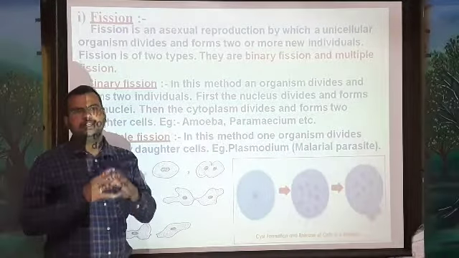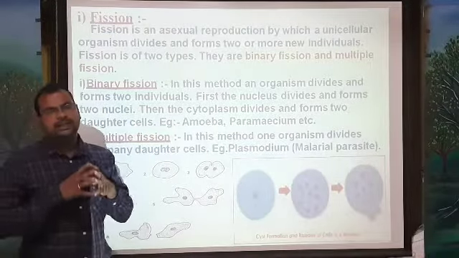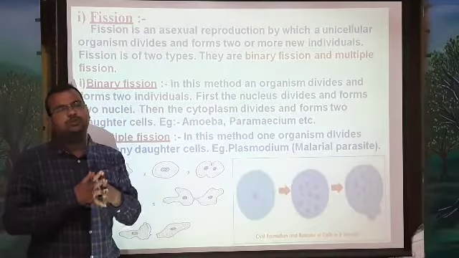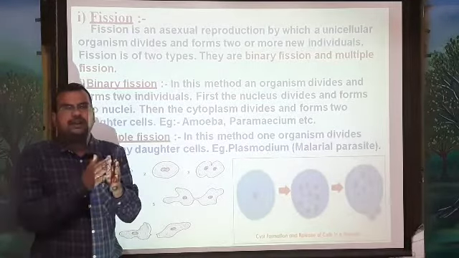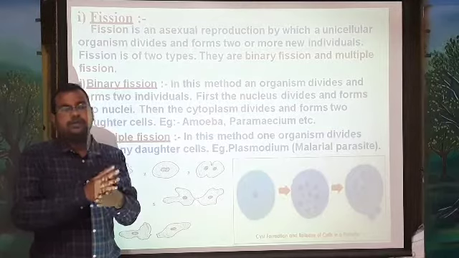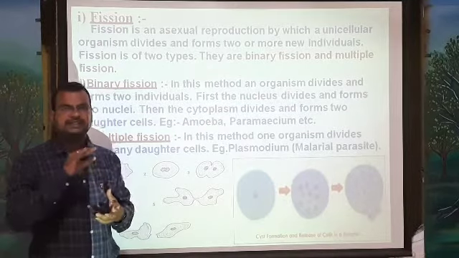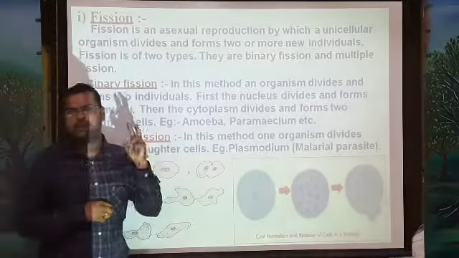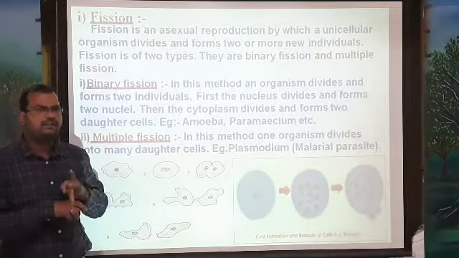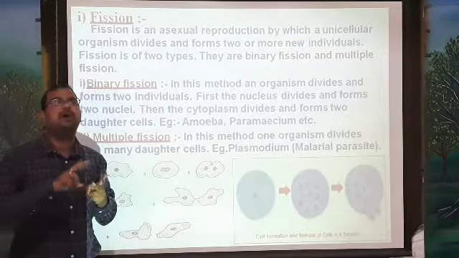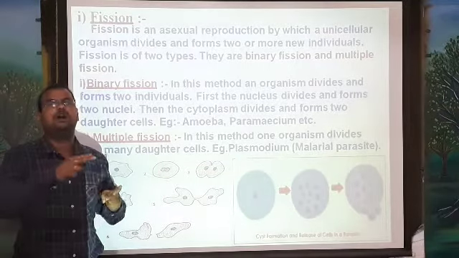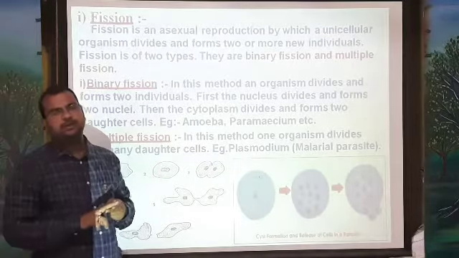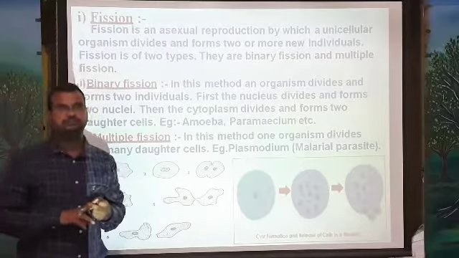That is called fission. But fission takes place in two ways. If one organism is going to produce two individuals, such kind of fission is called binary fission. Bi means two. A single organism breaks into two organisms, that is called binary fission.